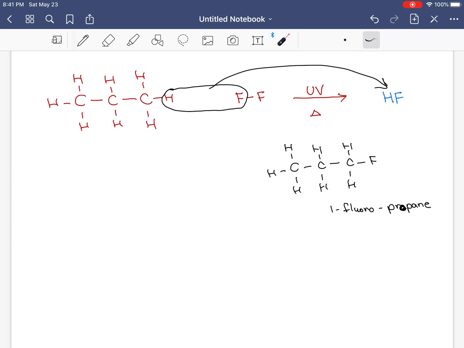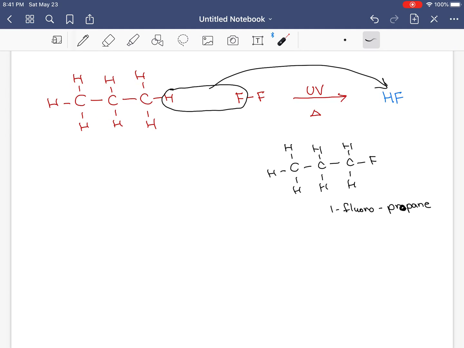Nobody says that. Okay? But the question is, this, or this, it really doesn't matter. This and this and this don't matter either. Because when you do the substitution, you're always going to get 1-fluoropropane, except these two.